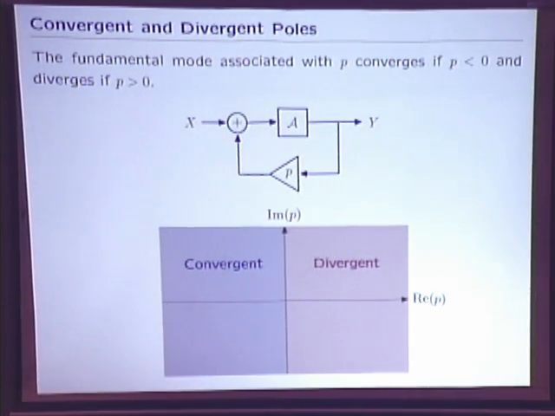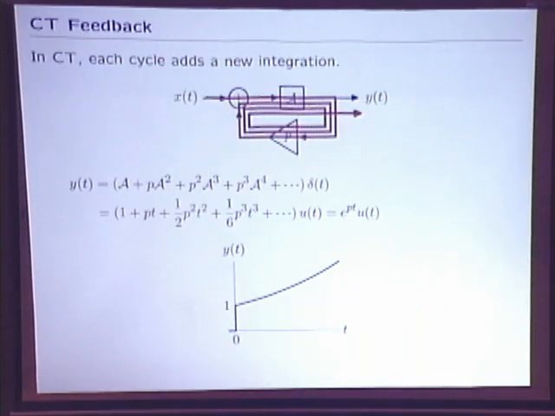So if the P, which we will later call the pole, by complete analogy to what we did in DT, is in the right half plane, then the system's response is divergent. If the pole is in the left half plane, the system's response is convergent. So it looks just like DT. We think about this as signal flow paths.